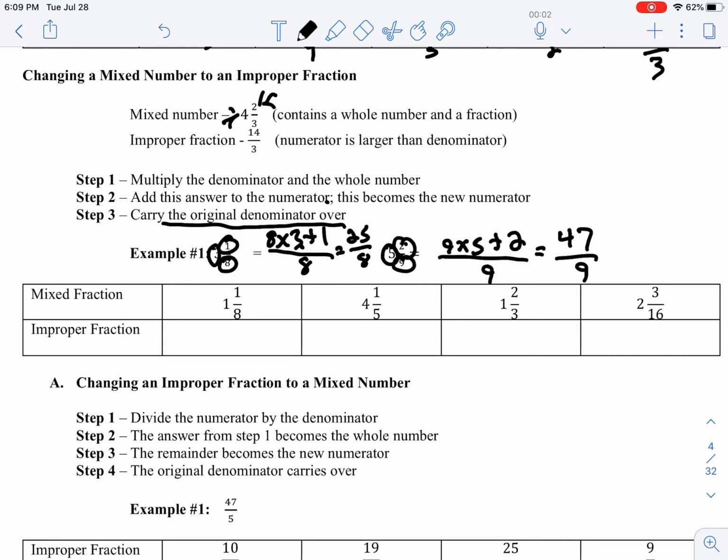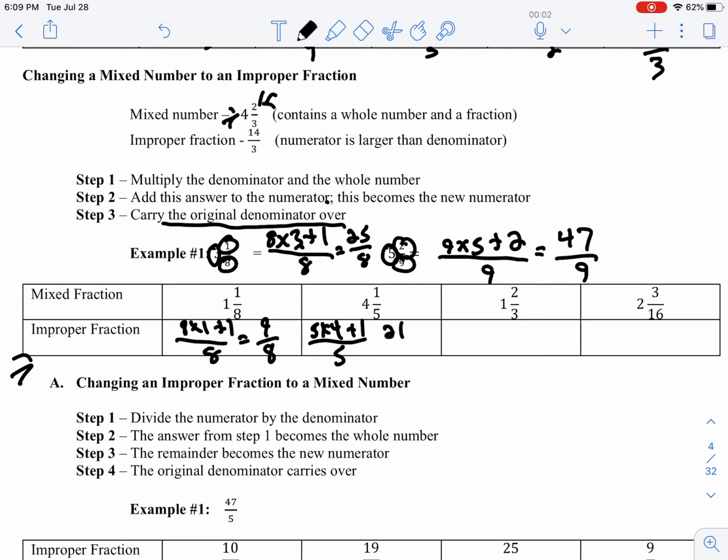Okay, so based on that, what I would like you to do is pause the video and do these try questions. Pause the video now. Okay, so I'm going to go 8 times 1 plus 1 over 8. And I'm going to get 9 over 8. I'm going to get 5 times 4 plus 1 over 5.